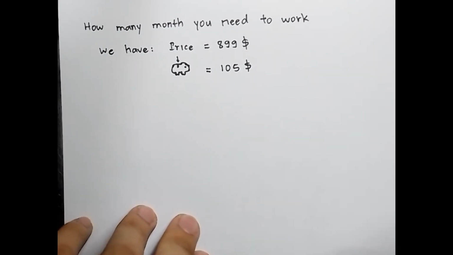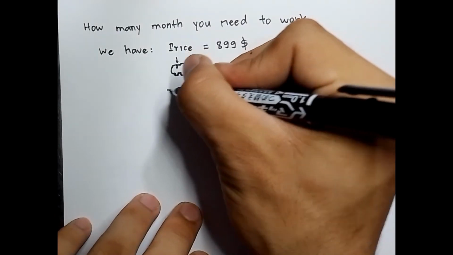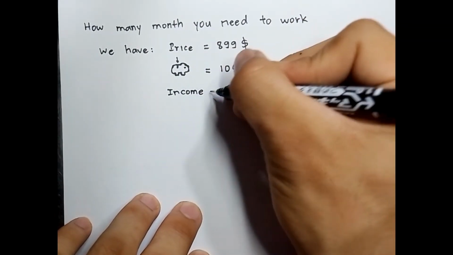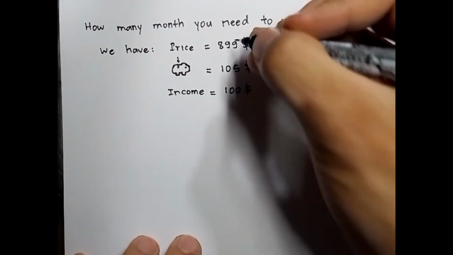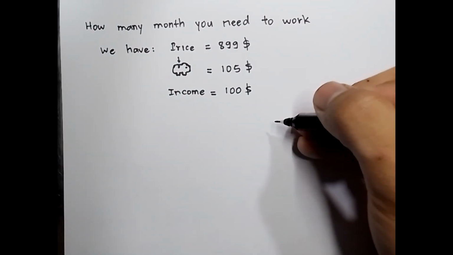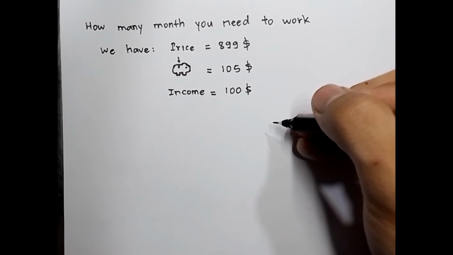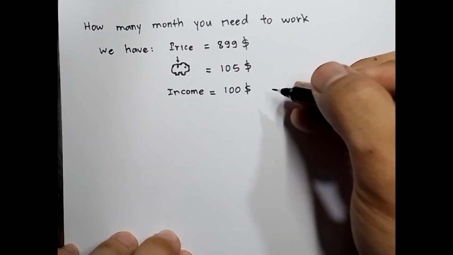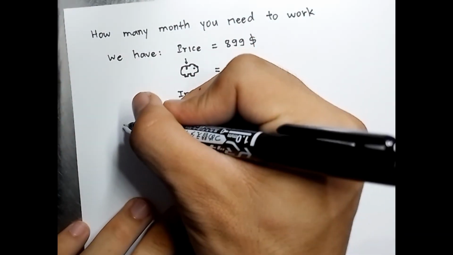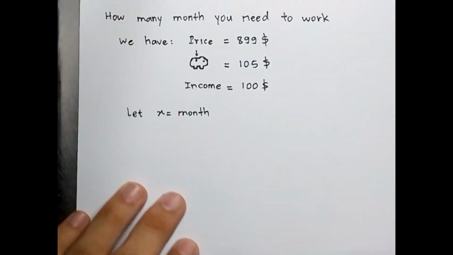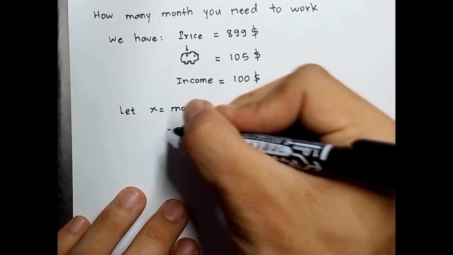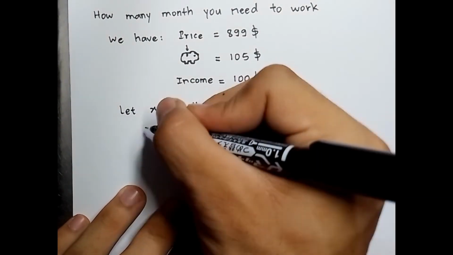And let's say your income is $100 per month. Now we are asking about months, how many months you have to work in order to get enough money. You can actually apply this type of question in your real life. Here, I don't know how many months, so I'm going to say let x represent the months that I have to work, and then we're going to write the equation.